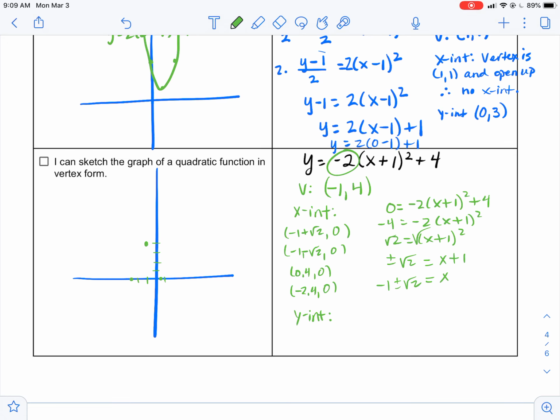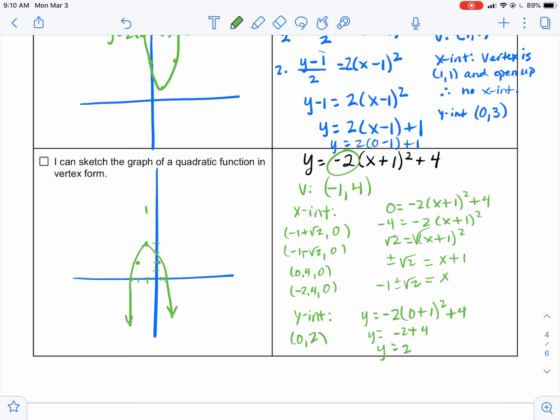Okay, so we're going to let x be 0. And so I get a -2 plus 4, so y is 2. So I have 0, 2, which then also means I'm going to have my reflection point. I'm kind of off the points, but anyway, there's my graph.